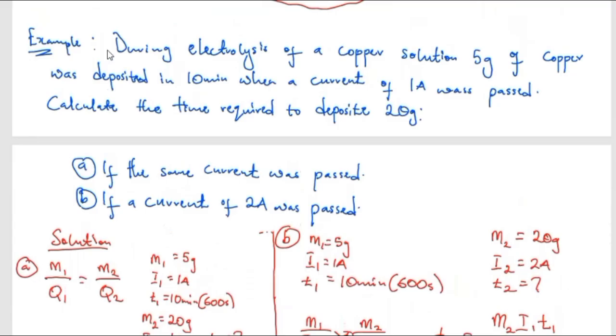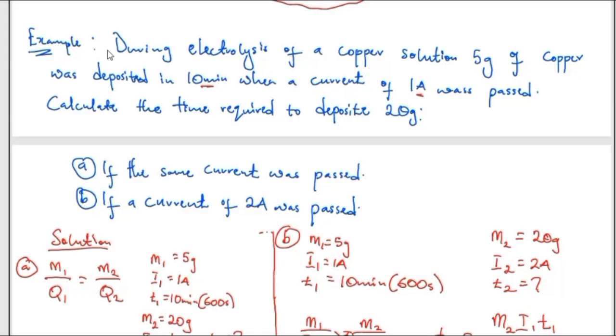The question says during electrolysis of a copper solution, 5 grams of copper was deposited in 10 minutes when a current of 1 amp was passed. Calculate the time required to deposit 20 grams. So if it took 10 minutes with 1 amp to deposit 5 grams, they say in A, if the same current was passed, it will take more time because it is directly proportional.